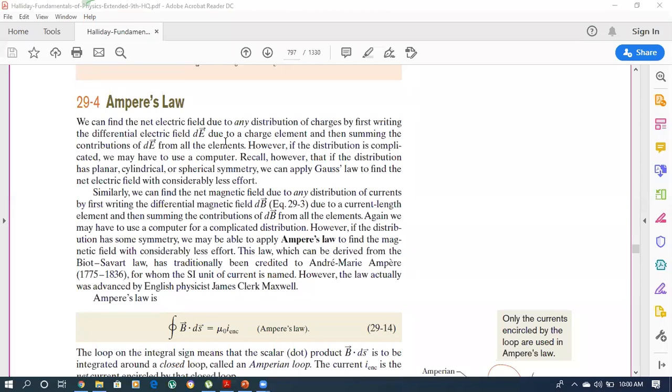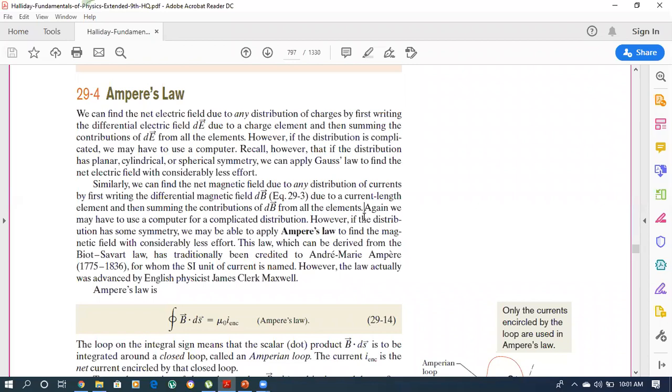So, Ampere's law. In the Biot-Savart law, what we did was calculate the net magnetic field due to current distributions, a straight wire, and others in different orientations.